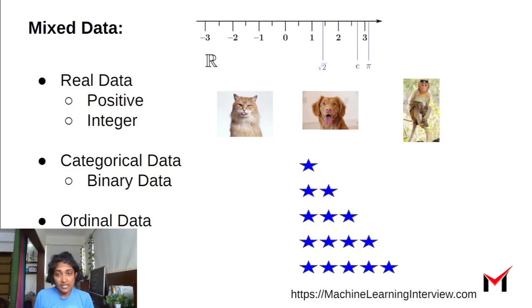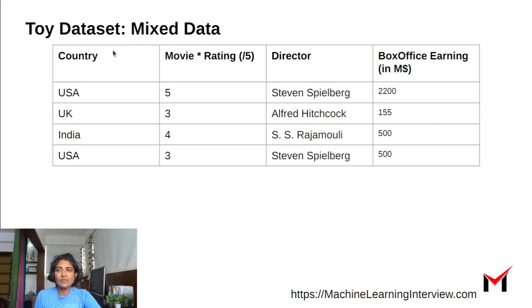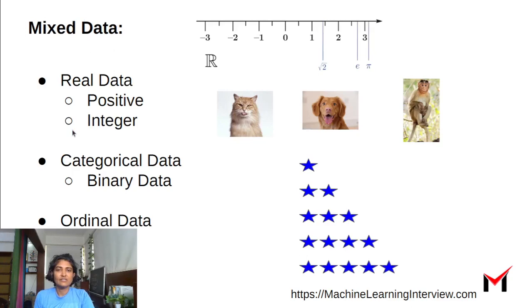You can have categorical data, for instance, is this particular image a cat or a dog or a monkey, right? Another example of categorical data is different categories such as 3 categories here, countries USA or UK or India, right? Categorical data has the property that you typically cannot put an order to the various categories.